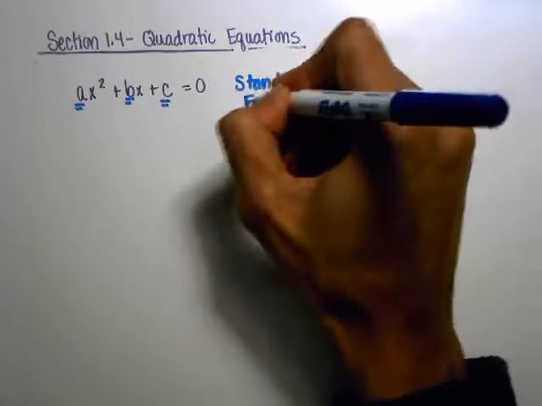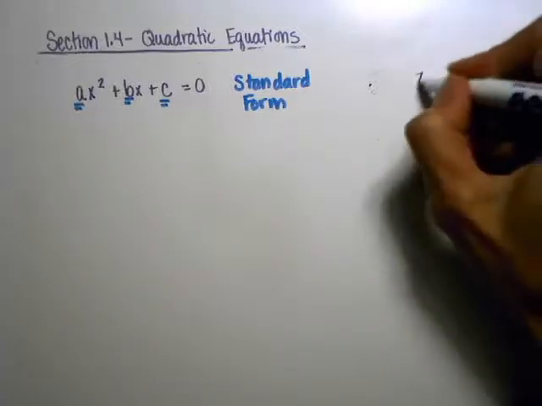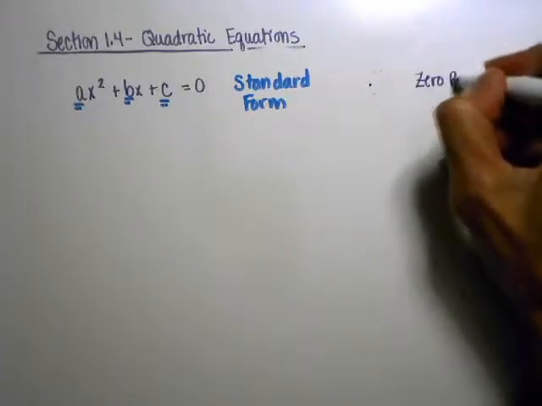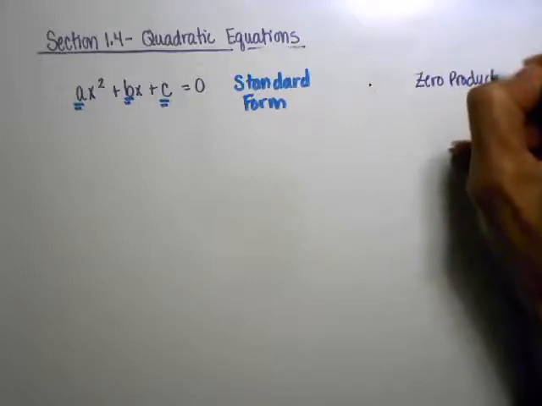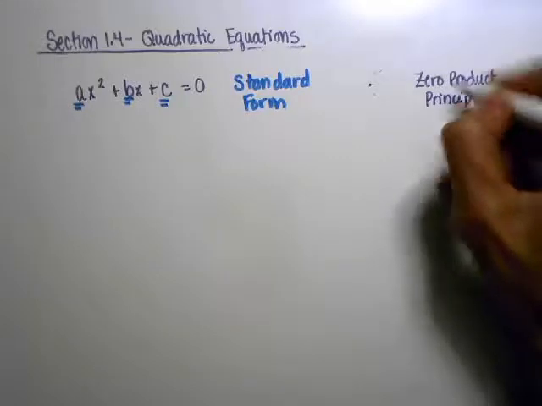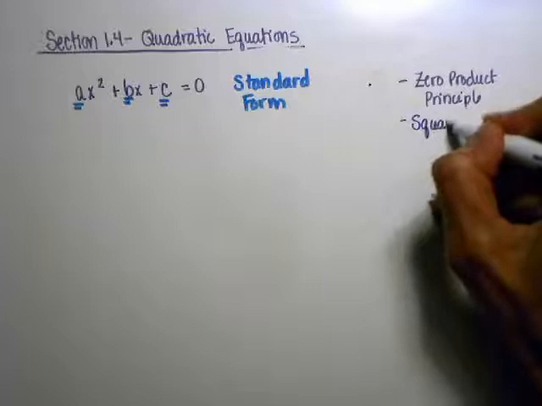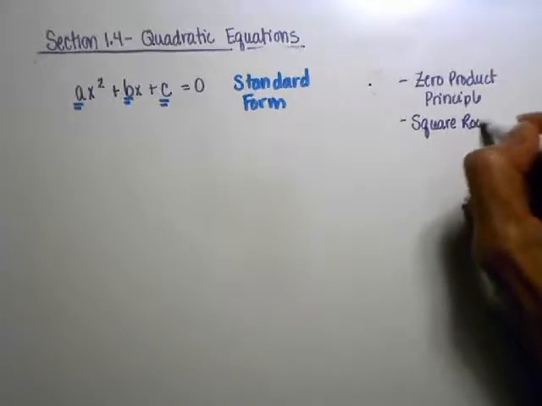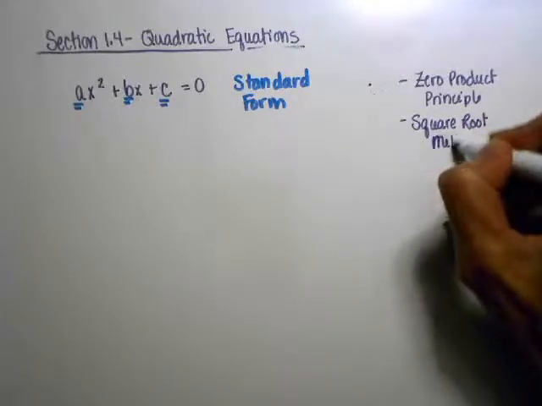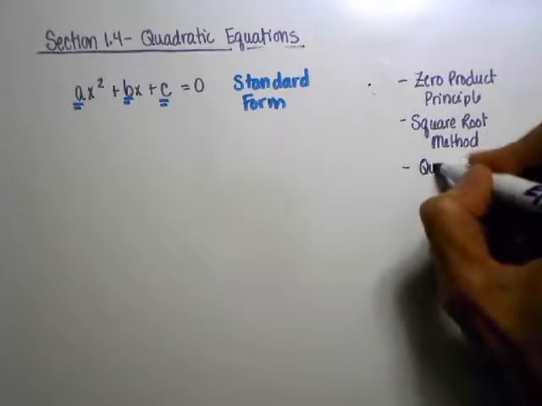There are a couple different ways that we can solve a quadratic equation if it's given in standard form. One of the ways is through the zero product principle. One is by the square root method. And the other way that we're going to do this year is the quadratic formula.